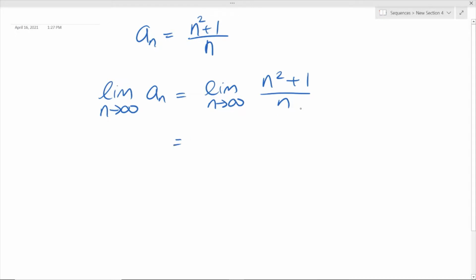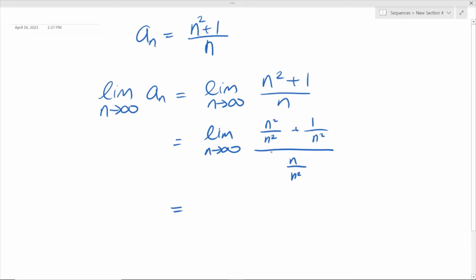To do this, if we take the limit, we divide by the highest power, n squared. We divide all these terms by n squared, that's how we evaluate the limit: n squared over n squared, 1 divided by n squared, and n divided by n squared.